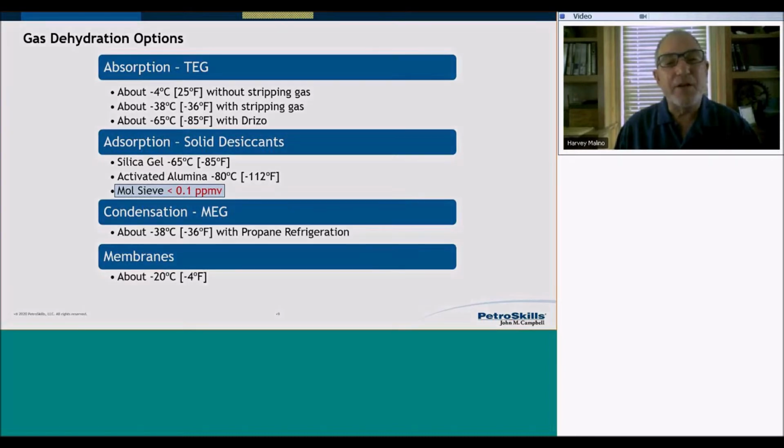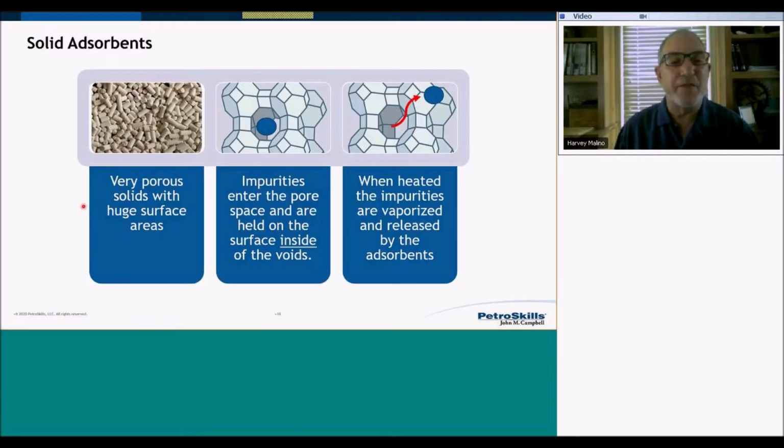The solid adsorbents, the molecular sieves that we're going to be talking about, are very porous solids with huge surface areas. The surface area is on the inside of the pellet or the bead. There's lots of channels and a high amount of surface area within the structure of the molecular sieve.